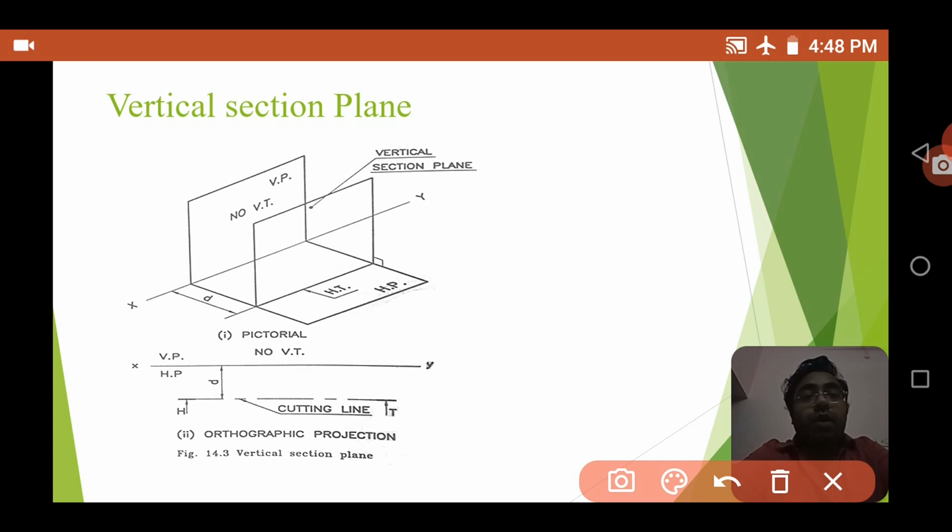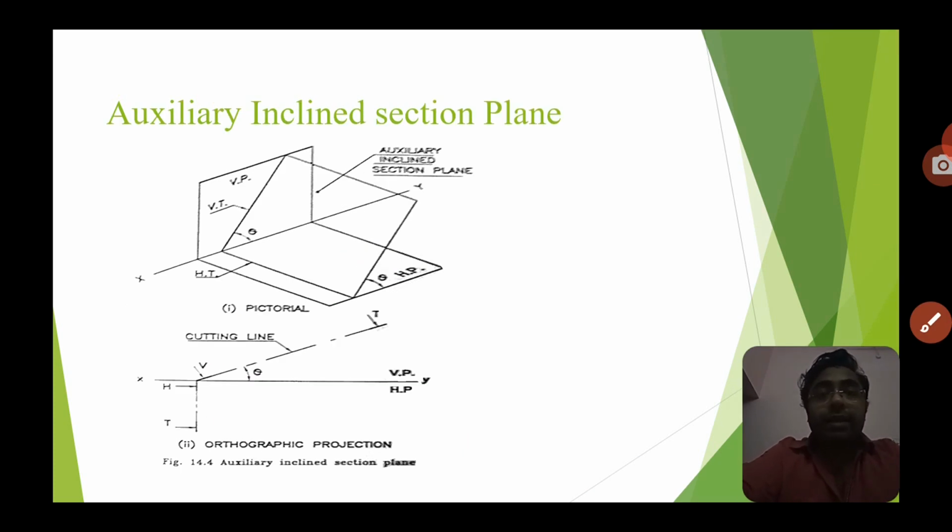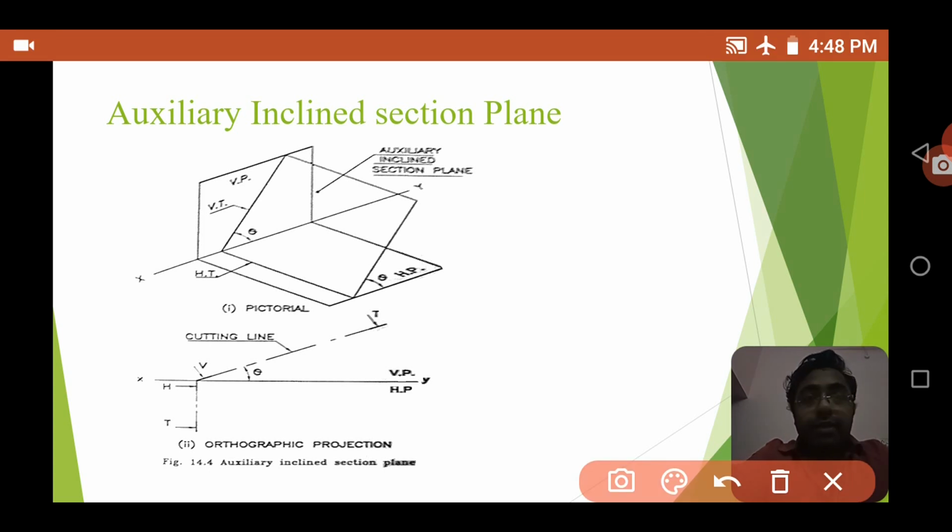Okay, now the next one is our auxiliary inclined section plane. The third one is the auxiliary inclined section plane. In the pictorial view you can see that it is angled with the horizontal plane. There is an angle between it and the horizontal plane, and it is also perpendicular to VP.